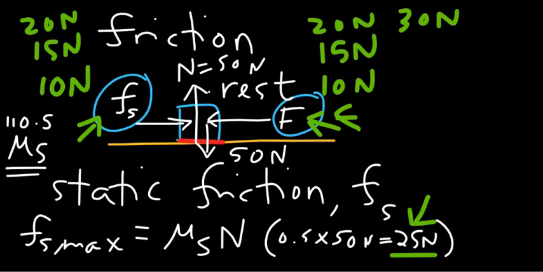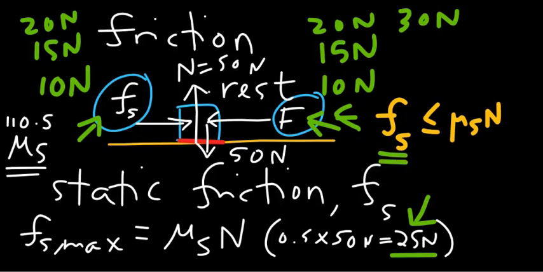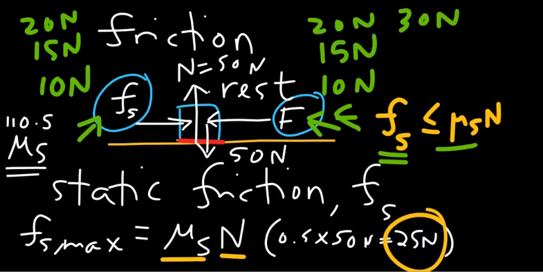So for that reason, we write the formula for static friction in terms of an inequality. It can be anywhere from 0, or slightly above 0 to be more accurate, all the way to a maximum value given by the expression mu s times N. In our present example, that maximum value is 25 newtons, obtained by multiplying mu s, the coefficient of static friction, with the normal force.